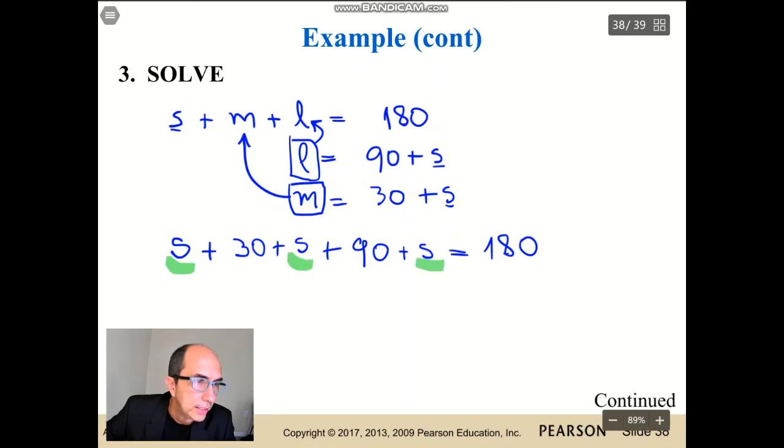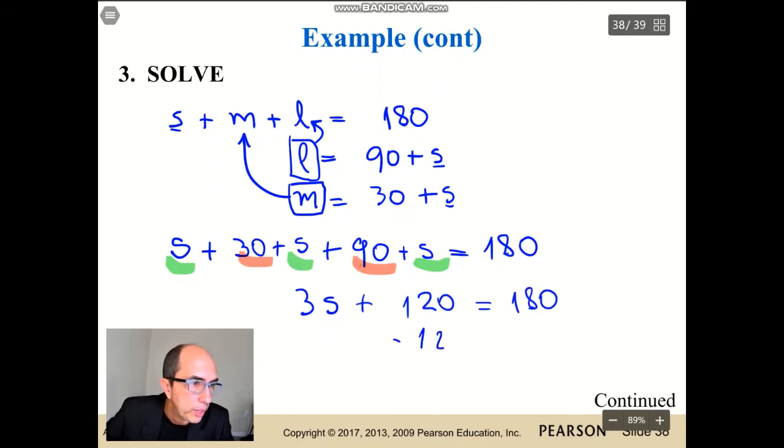We have S, S, and S. That means 3S. And we have 30 and 90. 30 plus 90 is 120, so 3S plus 120 equals 180.